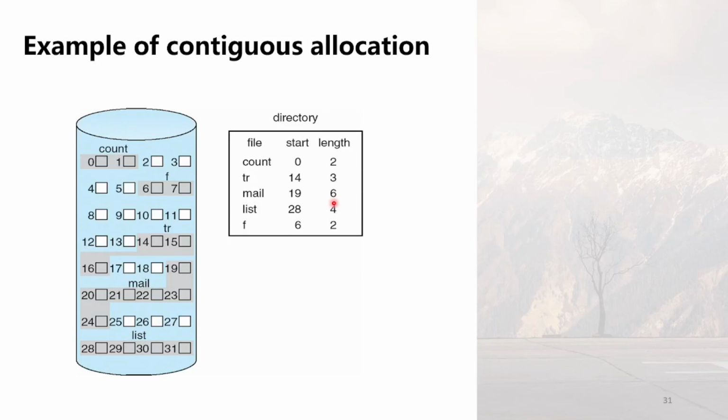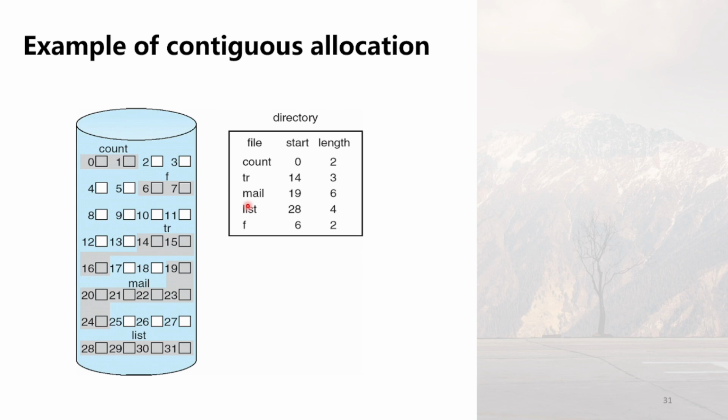Since the allocation is contiguous, the data is stored continuously. Mail will occupy 6 continuous blocks from block 19 to block 24 to store all its data.